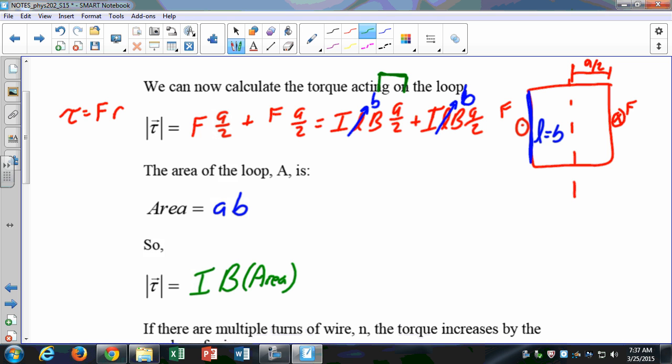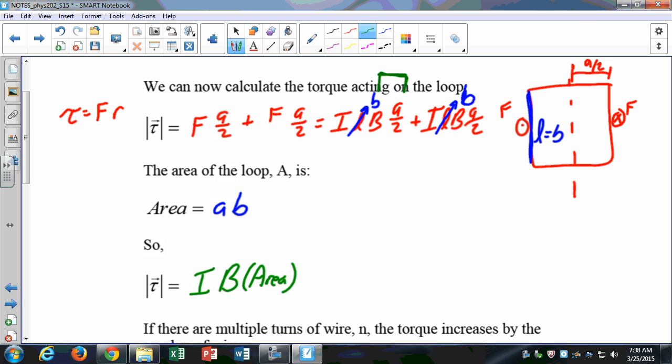So if I want to know the torque, and this actually holds whether it's a square, a rectangle, or more commonly a circular loop, a coil, a loop of wire, if you want to know the torque that's output by this little motor, it's going to be just the current times your magnetic field times your area. That's how you calculate the torque output of these motors.